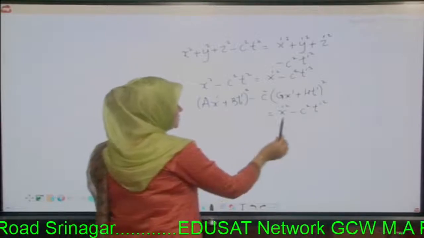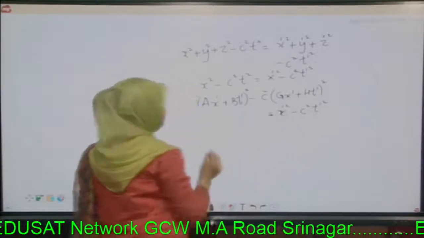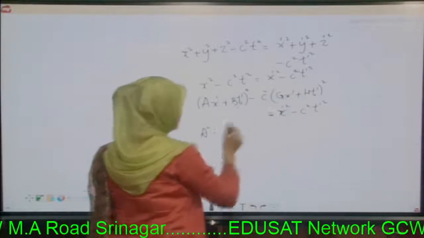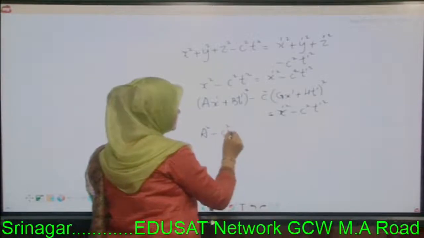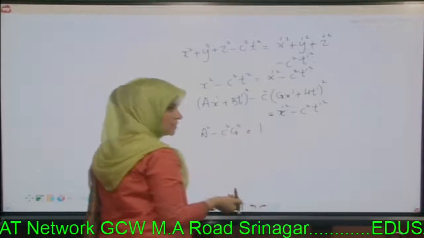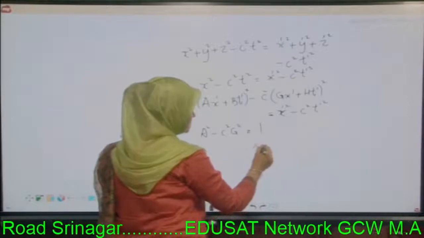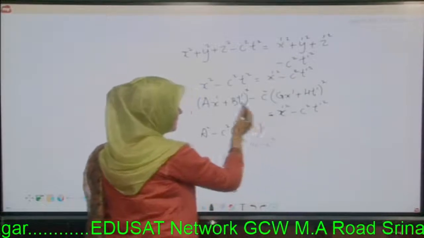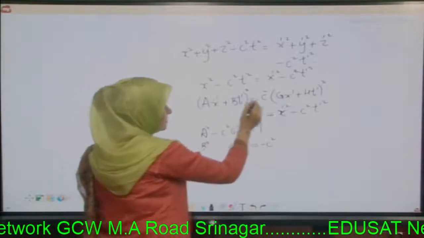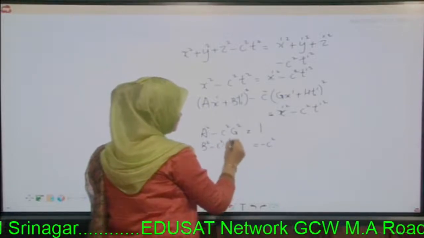Now, what are the coefficients of x' square on this side? So it is a square from here. From here it is minus c square and g square. So this is equal to 1. So we have equated the coefficients of x' square. Now what about the coefficients of t' square? From this side it is minus c square on the right side, and on the left side it is b square from this term, and from this term it is minus c square h square.